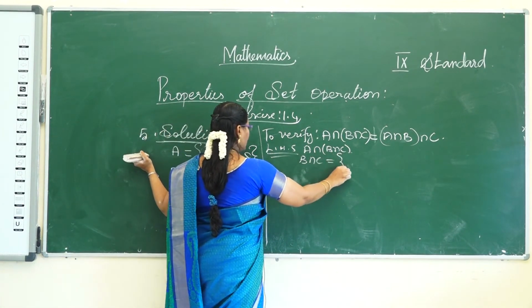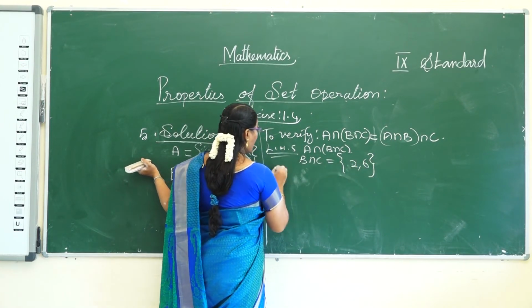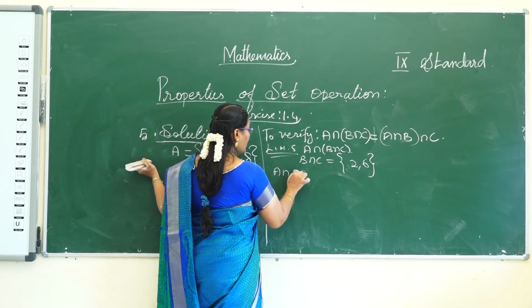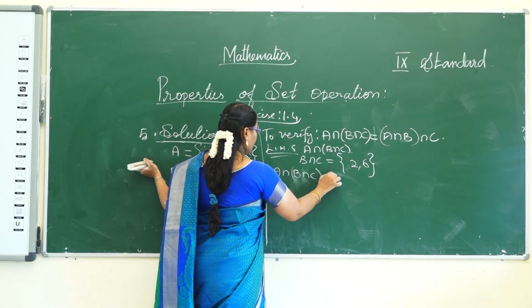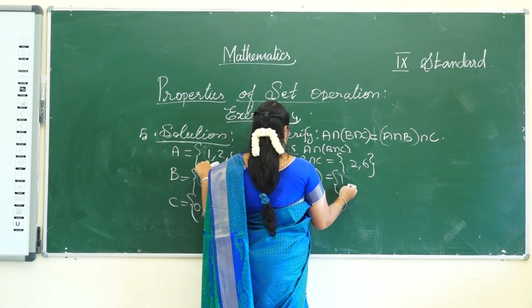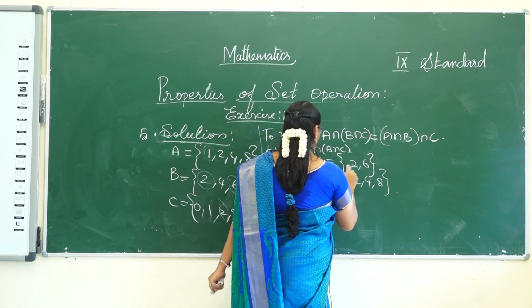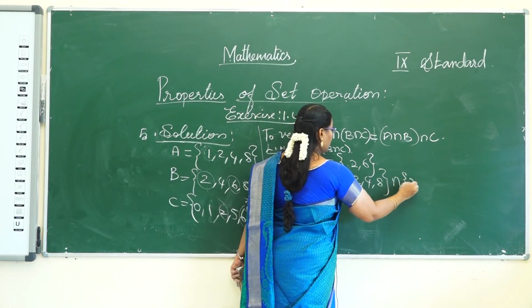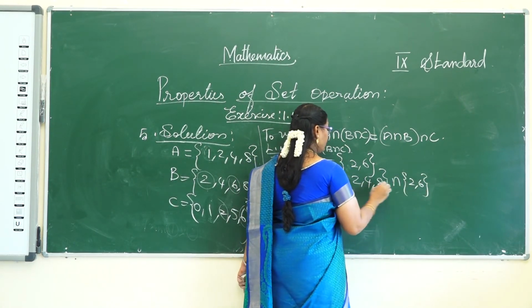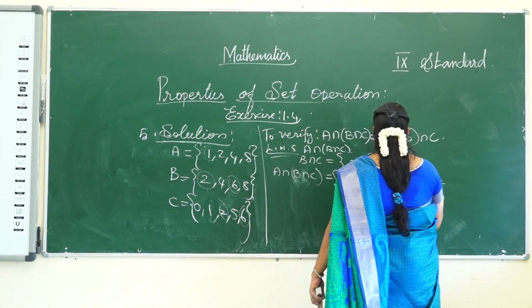So the common elements in sets B and C are 2 and 6. And then A intersection B intersection C. A has elements 1, 2, 4, 8. Then intersection with 2 and 6. The common element is 2.